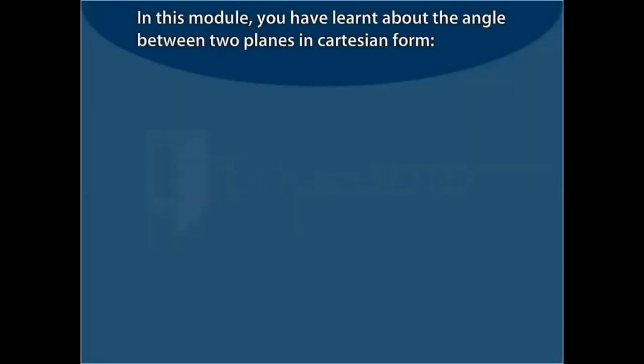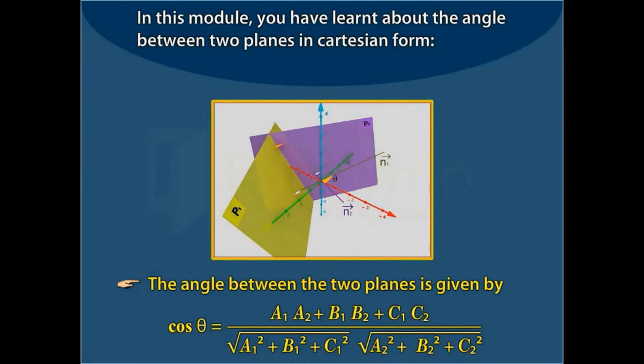In this module, you have learnt about the angle between two planes in Cartesian form. The angle between the two planes is given by cos theta equals capital A1 A2 plus capital B1 B2 plus capital C1 C2 by square root of capital A1 square plus capital B1 square plus capital C1 square into square root of capital A2 square plus capital B2 square plus capital C2 square.